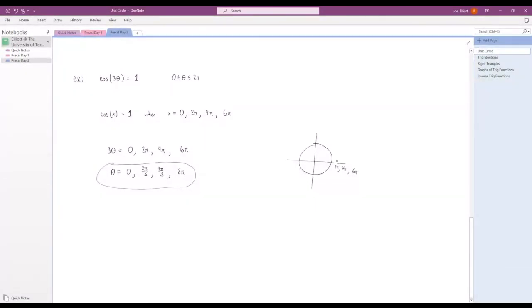So in a sense, you want to go around the circle 3 times for 3θ. And then to solve for θ, you divide by 3, and that'll give you all the values between 0 and 2π. Okay. So that was a slightly more complicated trig equation, just modified slightly with the 3θ instead of just θ. Do you guys have any questions about that?